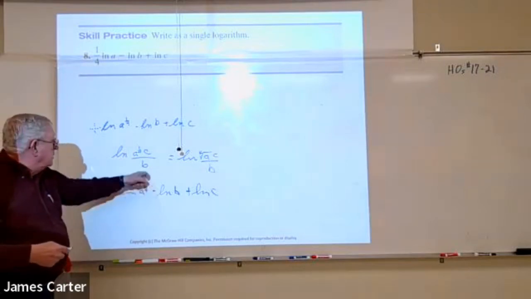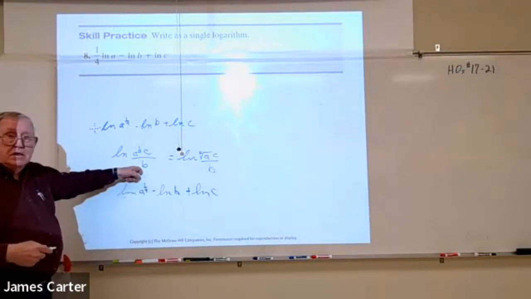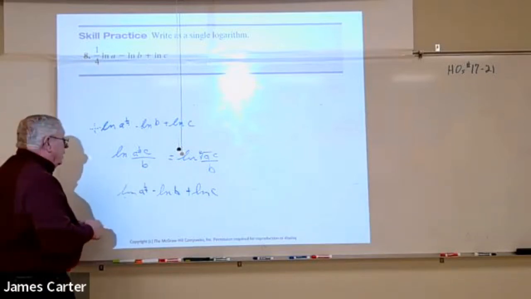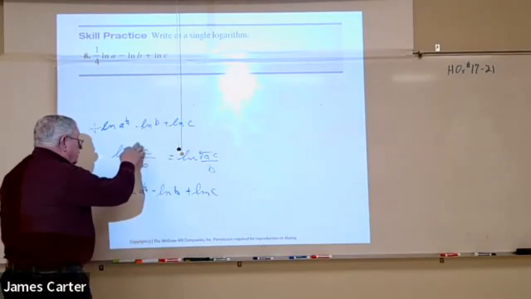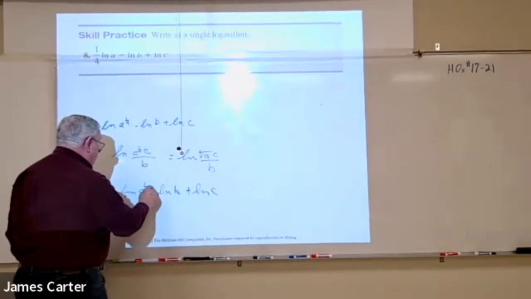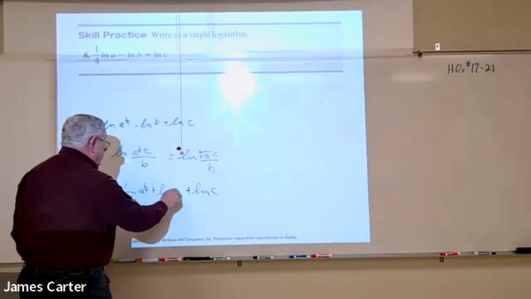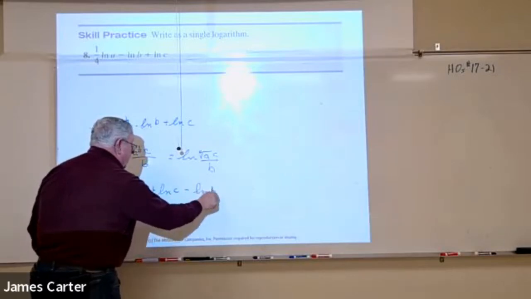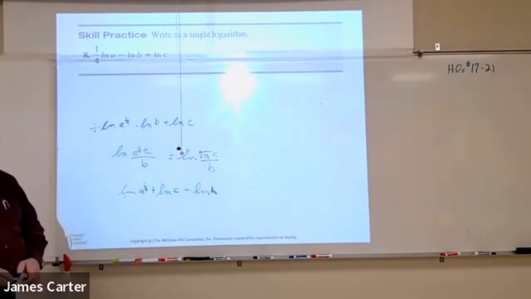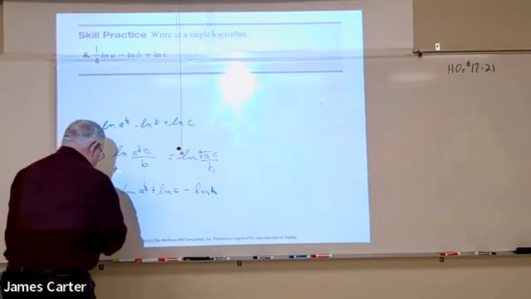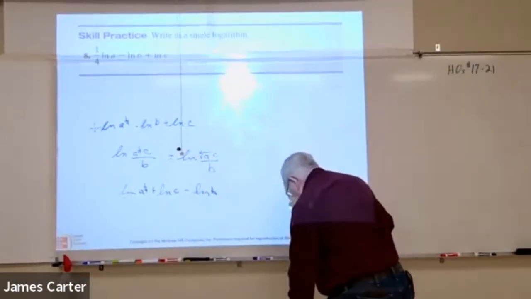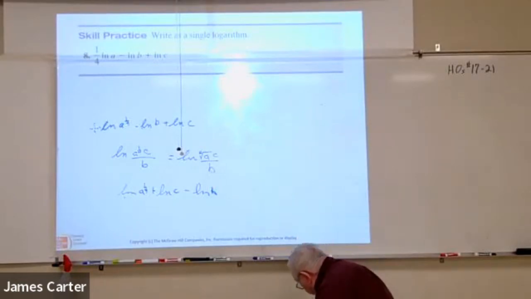What was minuses became divides. Oh, okay. Gotcha. Now, if I were doing this from that myself, I would have done this one first. And this one probably last. But it doesn't matter. They just did it in that order to keep it alphabetical.